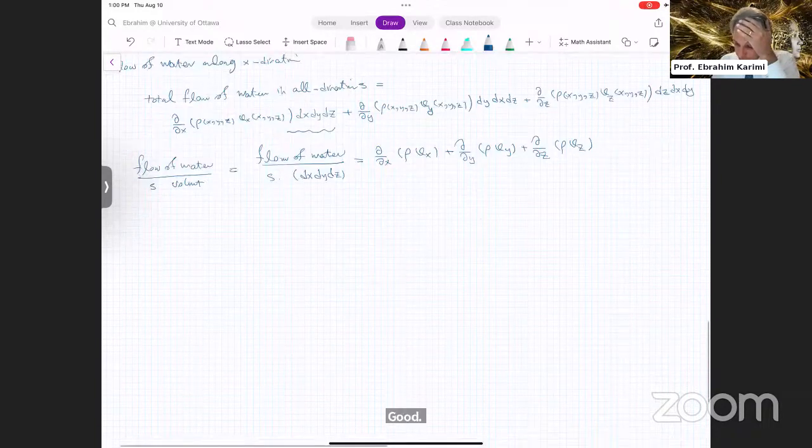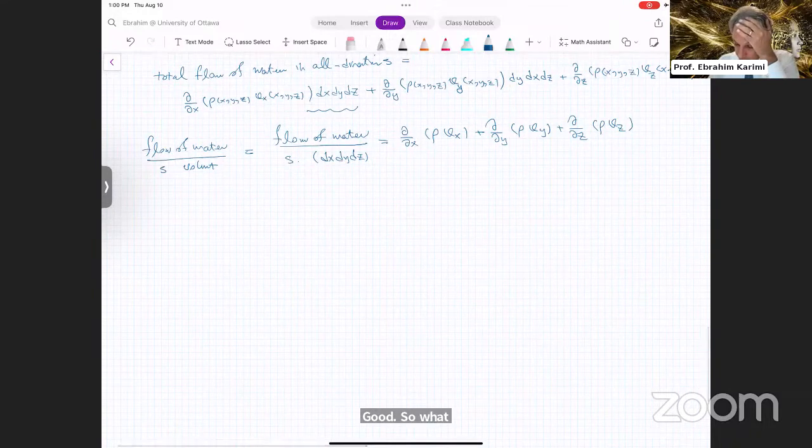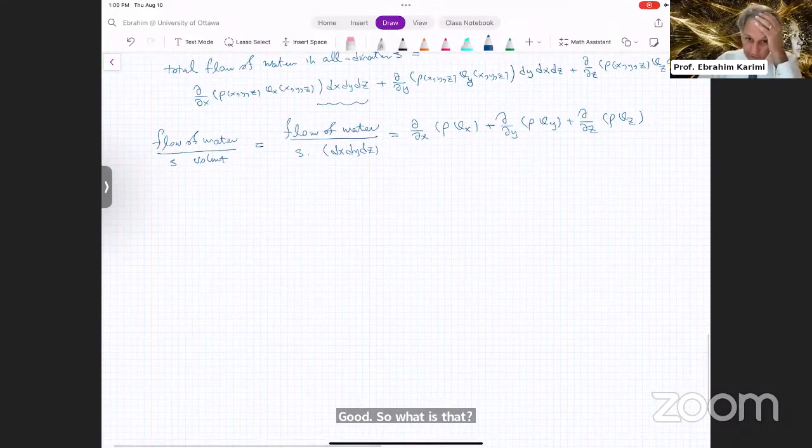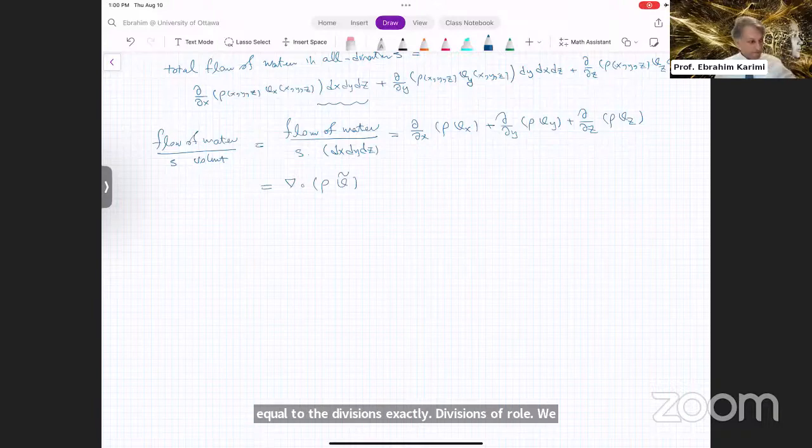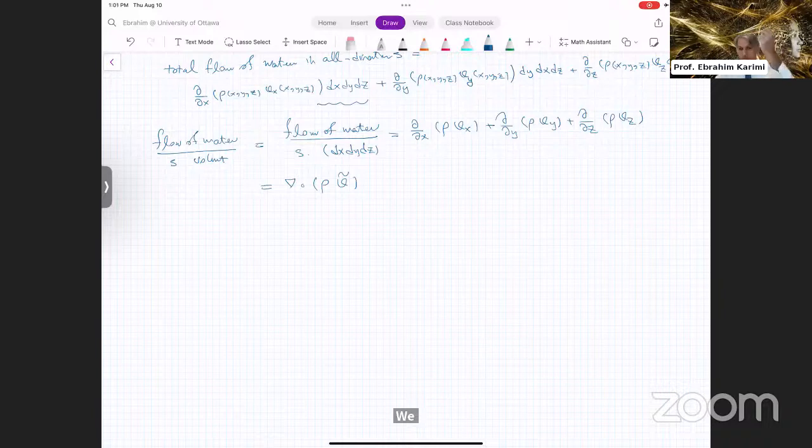So, what is that? You can just type it in the Q&A. That's equal to the divergence, exactly, the divergence of rho v. So indeed, that's the physical meaning of divergence.